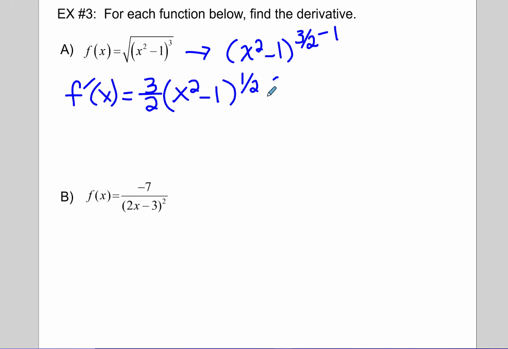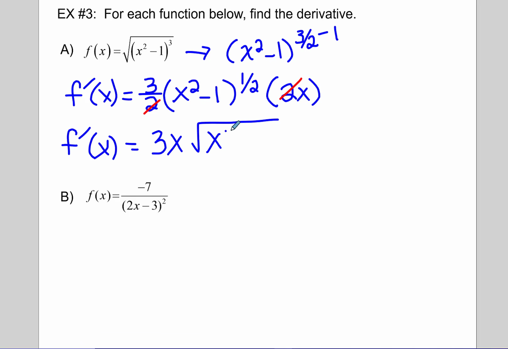Now multiply times the derivative of the inside, which is x squared minus 1. That derivative is 2x. And clean that up. In this case, the 2's could be removed. And we end up with 3x times the square root of x squared minus 1.